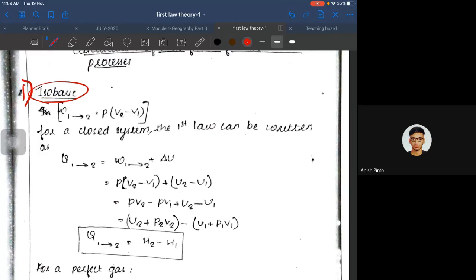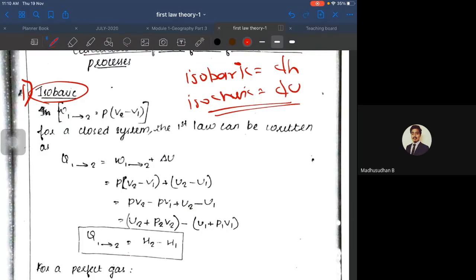In isobaric, you need to subtract the enthalpy value, whereas in isochoric, you need to subtract the internal energy value. That means the heat flow in an isobaric process is given by the change in the enthalpy, whereas the heat flow in an isochoric process is given by the change in the internal energy.